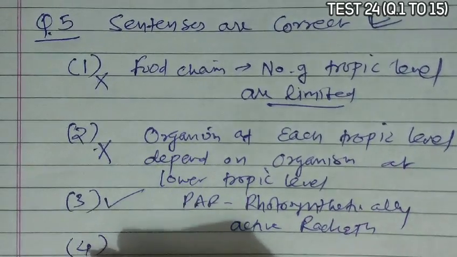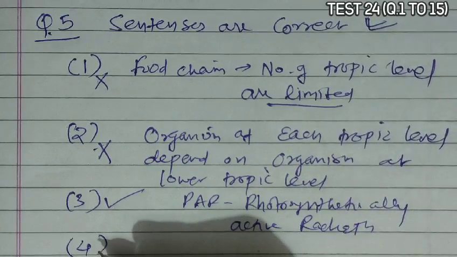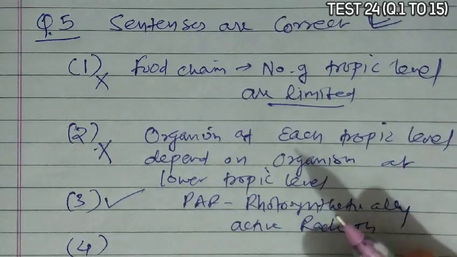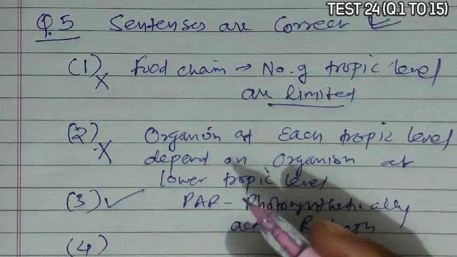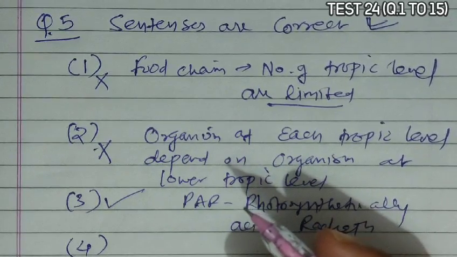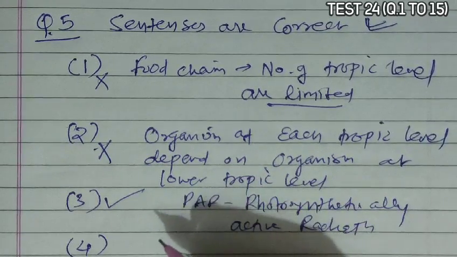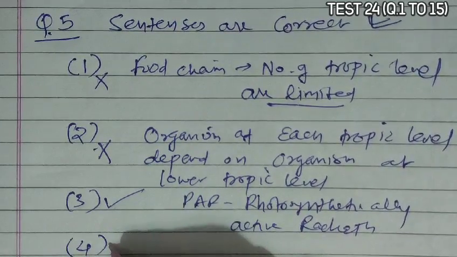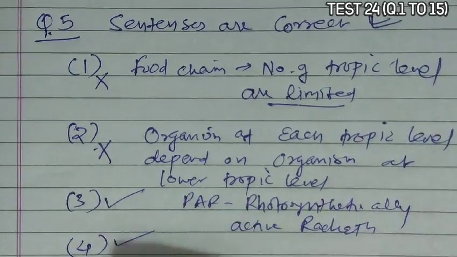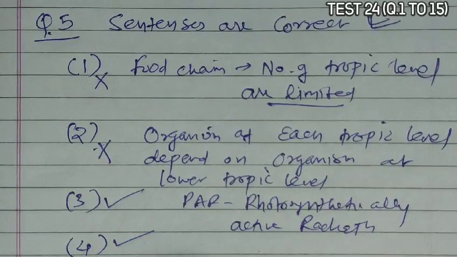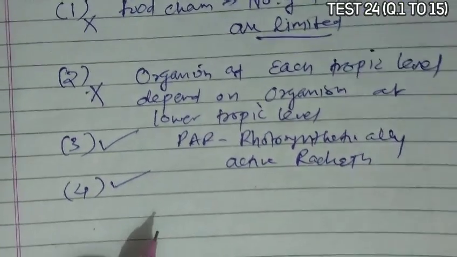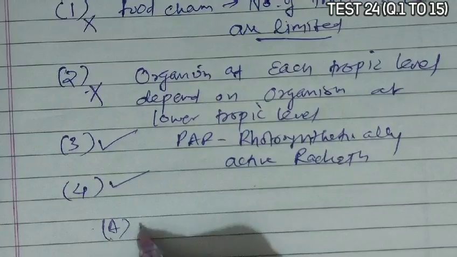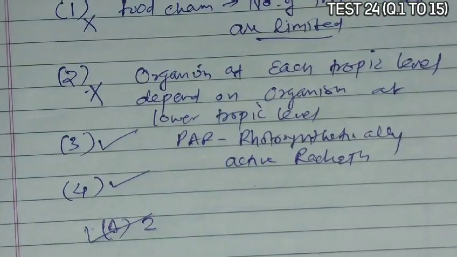And the fourth statement, all organisms are dependent for their food on producers either directly or indirectly. Yes, producers are those which synthesize the food, and obviously in any ecosystem, any organism directly or indirectly is dependent on the plants or producers. So it is also correct. So 3 and 4, those two statements, are correct. So according to this, in option A they have given 2, so A is the correct answer.